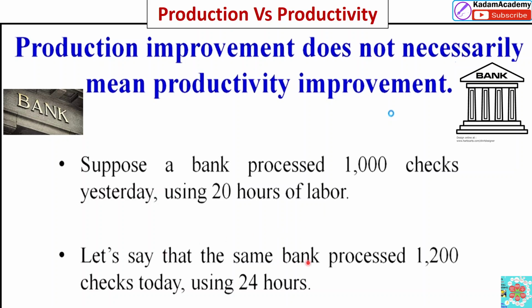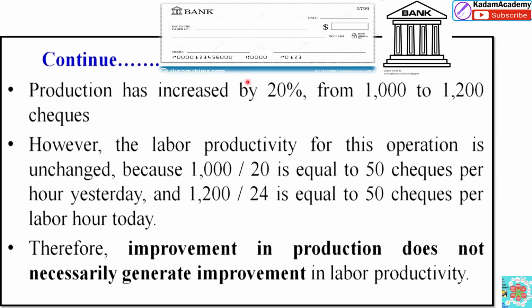Let's say the same bank processed 1200 checks today using 24 hours. So friends, the production of this bank has increased by 20%, that means from 1000 to 1200 checks.